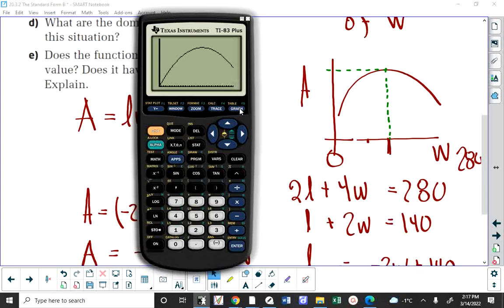How do we find the max? We go to our calculate menu, choose maximum, put our cursor to the left. Whoops, I'm gonna have to do that again. I hit enter too many times. Put our cursor to the left and hit enter once. Scroll to the right. Hit enter again, hit enter a third time.